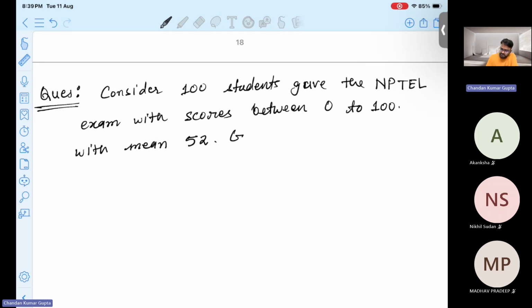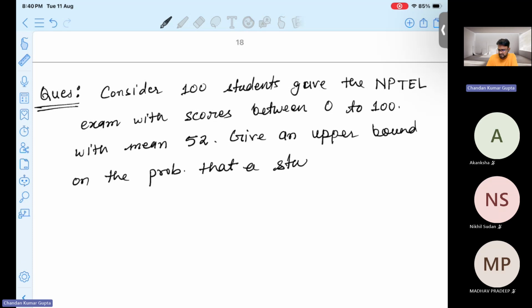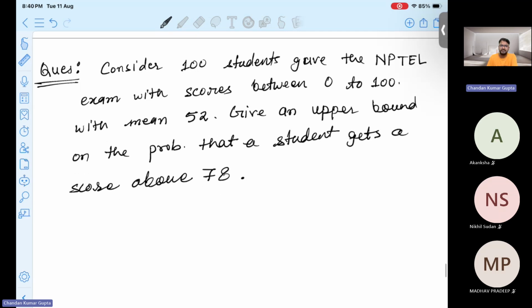Now the question is an upper bound on the probability that a student gets a score of 78 or more.